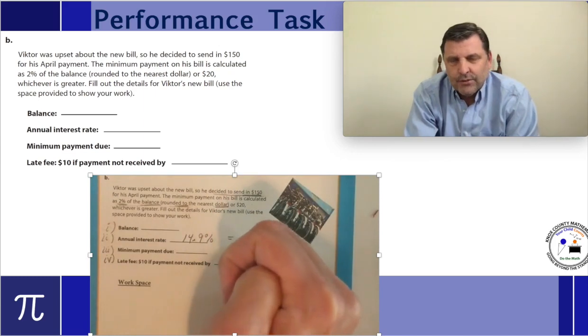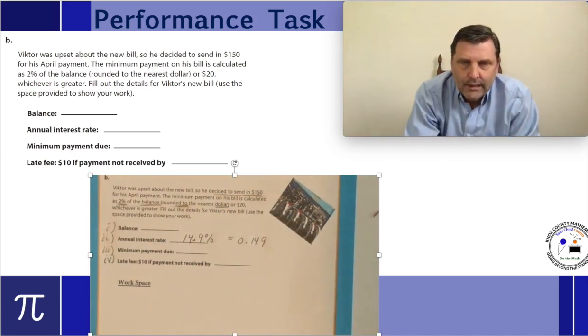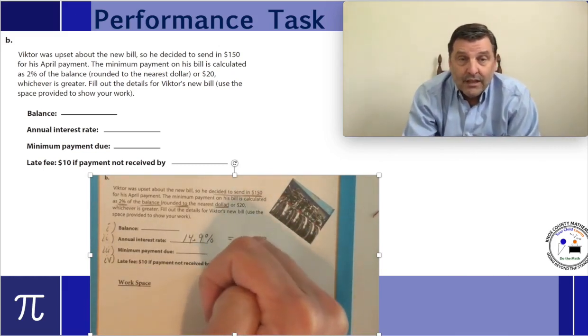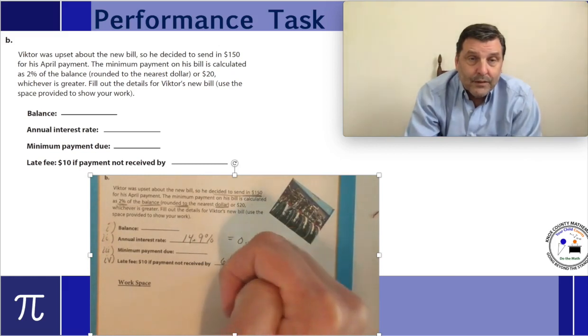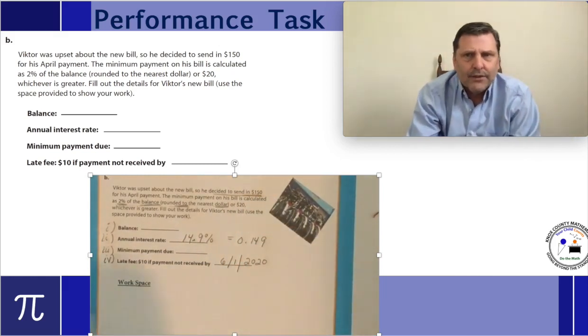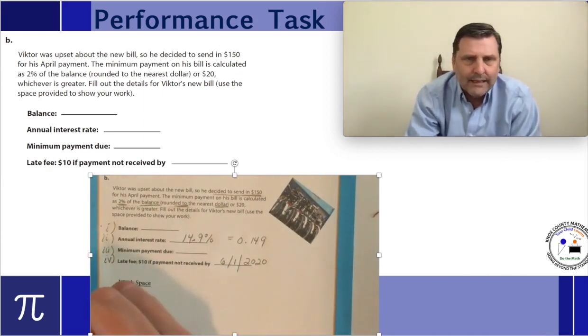And as a reminder, we'll put that as a decimal to the right, because we'll work with that as a decimal. We can also do the late fee. The late fee is $10 if the payment was not received by, well, it looks like it's every month, so the next one's going to be in June. So two of the four we've already taken care of.